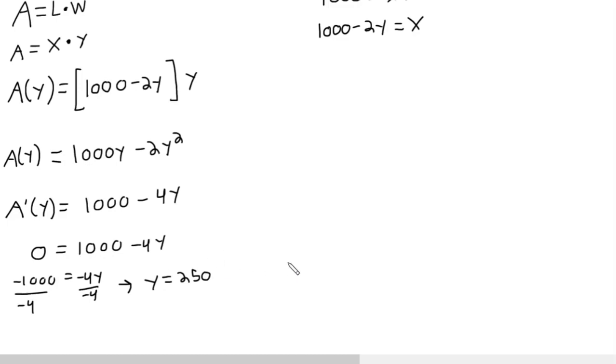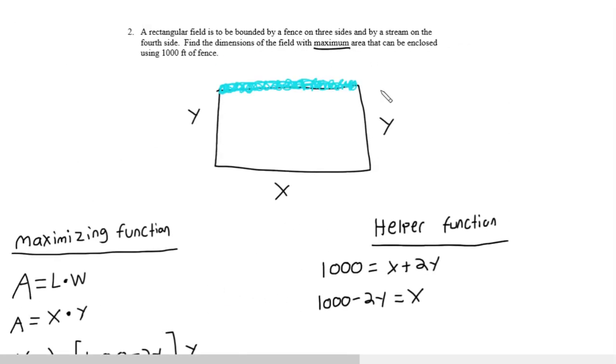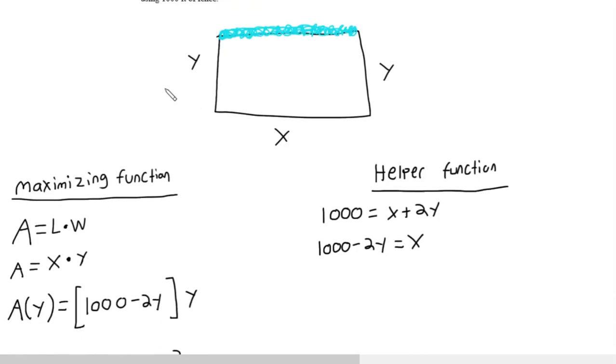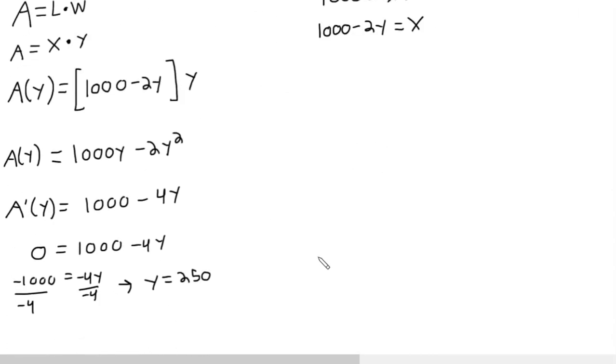And then we have to look at what it's asking us. It's saying, find the dimensions that produce the maximum area. So it's asking for the dimensions, in other words, an x and a y value. Okay, we have the y value. So how do we find x? Well, remember what we defined x to be. It was 1000 minus 2y.